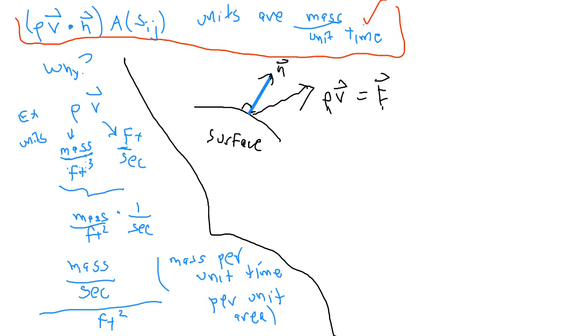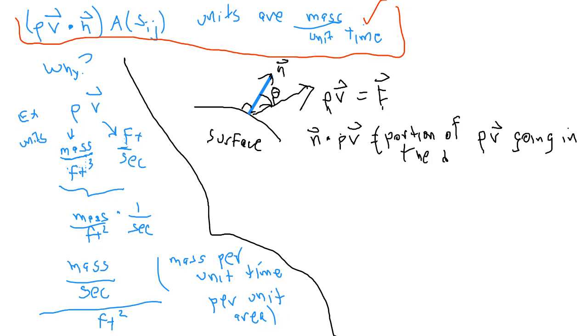However, we note that if we take the normal vector and dot it with this vector, density times velocity, and here's theta, this is going to be the portion of this vector field going in the direction of that normal vector.